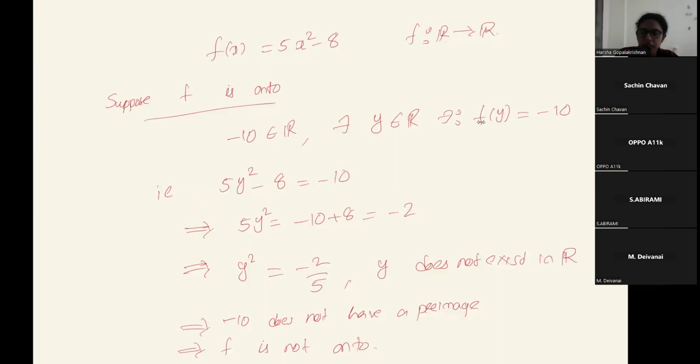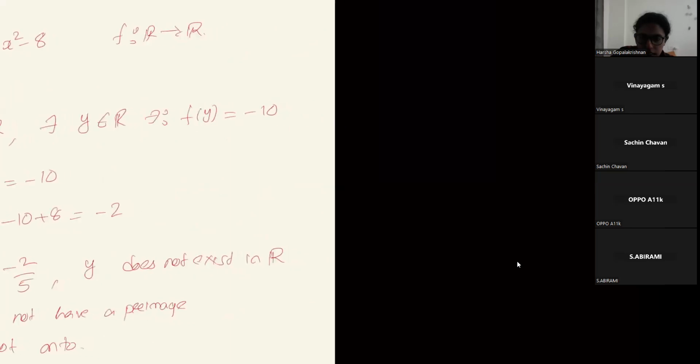Okay, so any other doubt? Madam, if a function is 1, 1 or onto, so we can say that function is... Function is? Can you repeat the question? If the function is 1, 1 or onto, then can we say that exists in that domain?